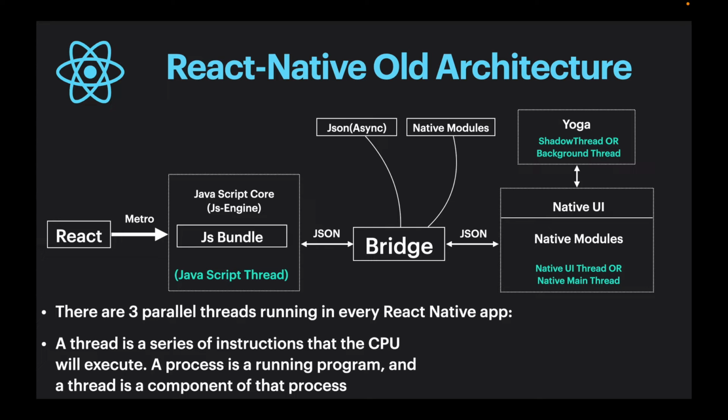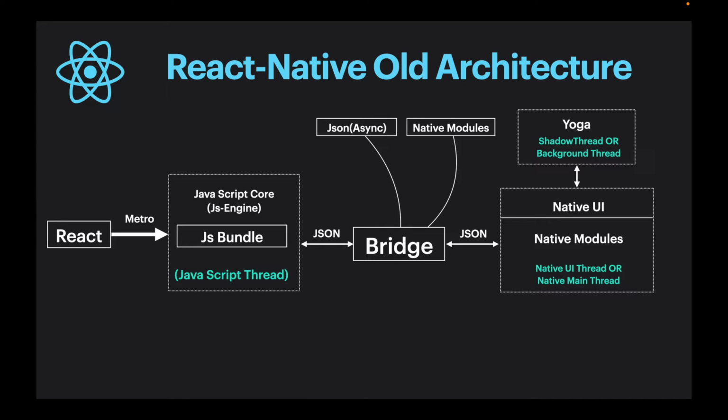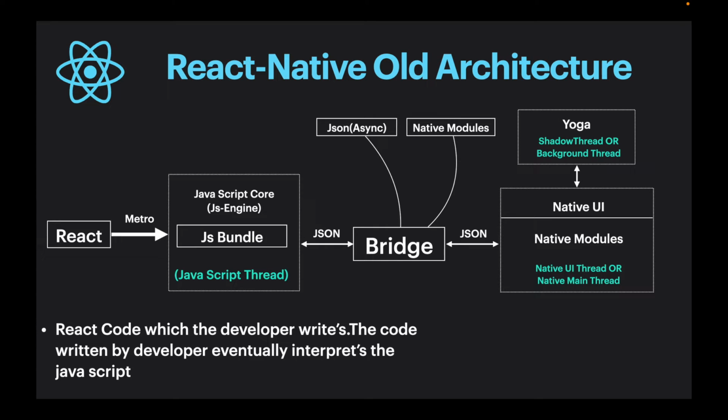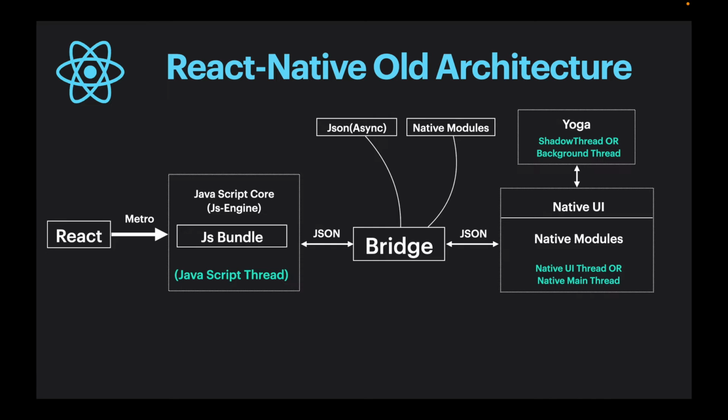Before understanding the first thread, the JavaScript thread, we will discuss React. You know that React is a library and we use the React library in React Native. The React code which the developer writes is eventually interpreted as JavaScript, so the React library works on the JavaScript thread.